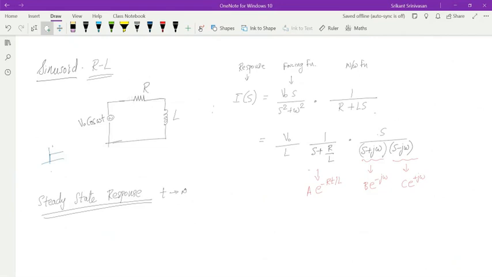A step function is a DC, so initially it is like an abrupt change, and the inductor cannot change current abruptly, so the entire voltage will drop across the inductor.